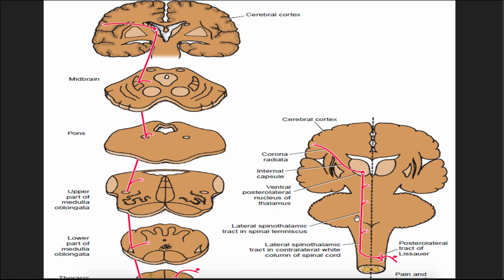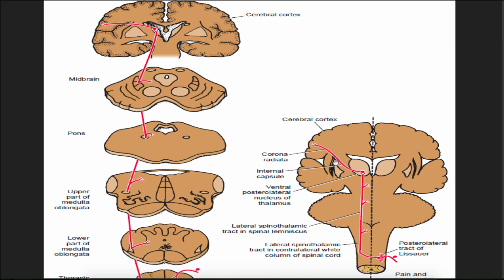tract, going through the medulla, the pons, the midbrain, the thalamus, and when they emerge from the thalamus, they will go through a structure called the internal capsule. The internal capsule is a structure present in the cerebral cortex where all these ascending and descending tracts are arranged.